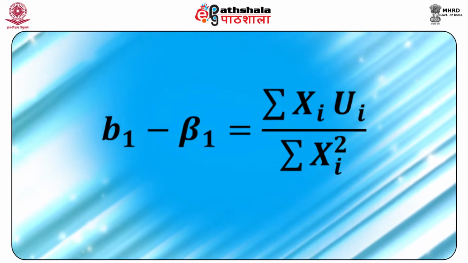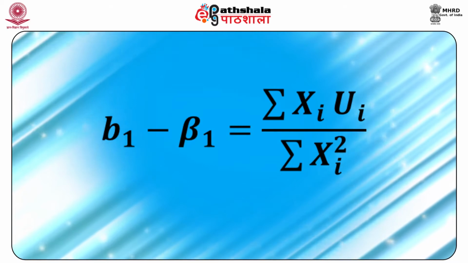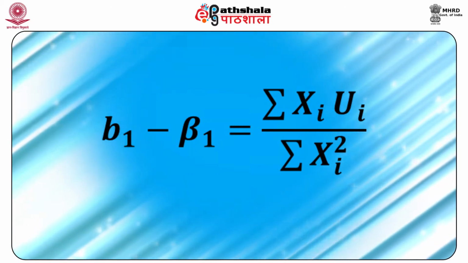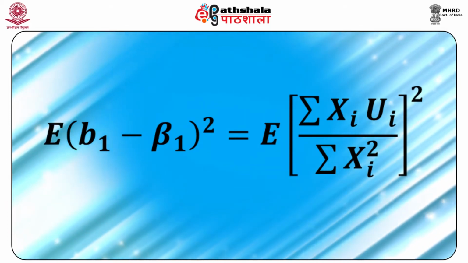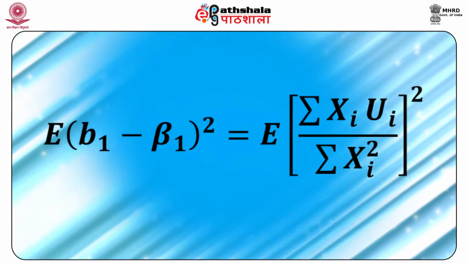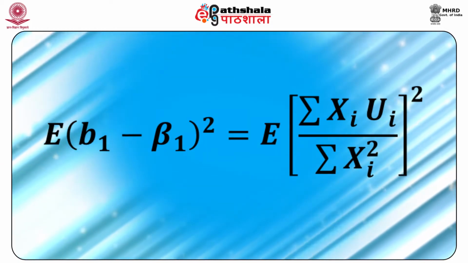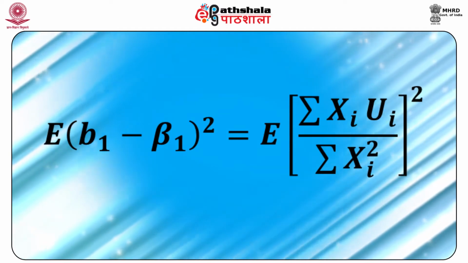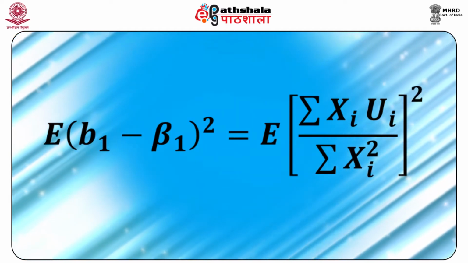Therefore, b1 minus beta 1 is equal to sigma Xi ui upon sigma Xi square. Now taking the expectation operator on both sides, we obtain expectation of (b1 minus beta 1) square is equal to expectation of (sigma Xi ui upon sigma Xi square) whole square.